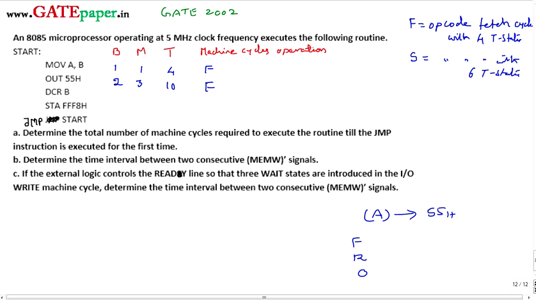It wants to know the output address, and that can be known from the memory read cycle, that is FR, the second machine cycle. After knowing the port address, it writes the information present in the accumulator on the output port, which is the IO write operation. So R means memory read cycle, and O means IO write machine cycle.